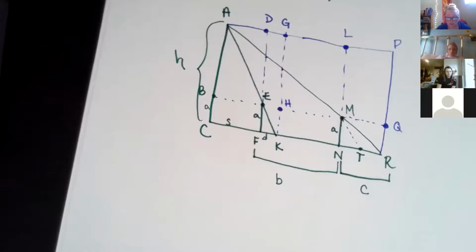So this is called the method of double differences because the two differences are used to find the solution to the procedure. It says construct MT parallel to EK.